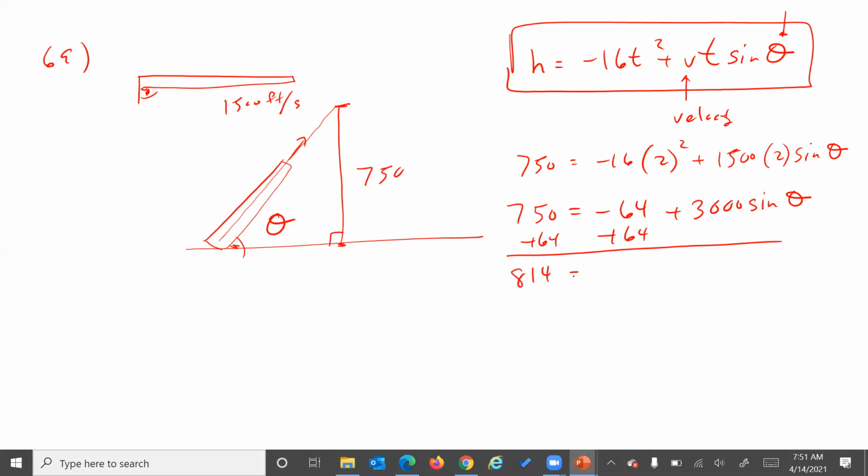And you guys watch me make sure I do the work here correctly. I got 814, is that right? Divided by 3,000. So now I'm here. And that could be reduced, that's no problem.